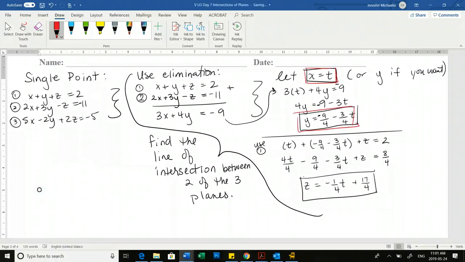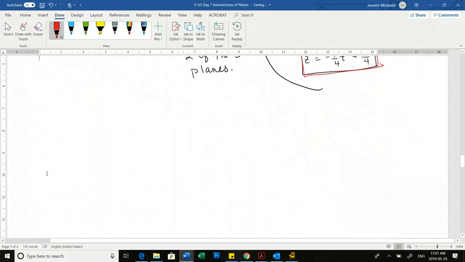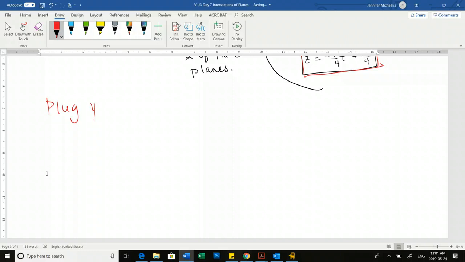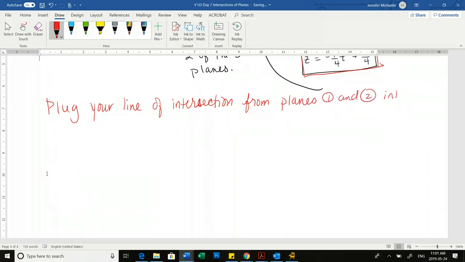I want to see how this line interacts with this last plane that we haven't used yet. So we're going to plug the line of intersection into the last plane.